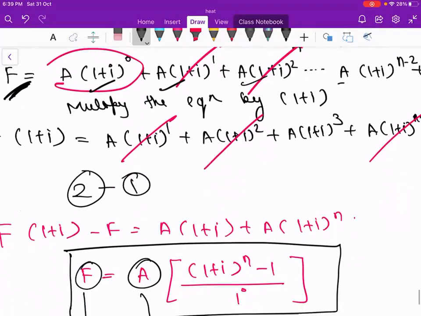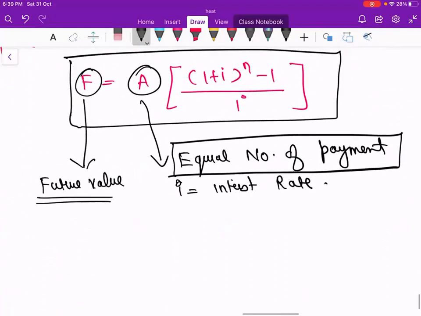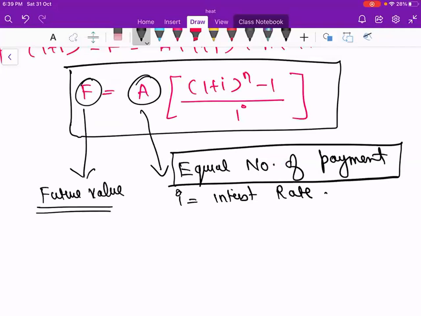But here the word is important: F equals A times (1 plus I to the power n minus 1) upon I. This is equal number of payments and I is the interest rate.